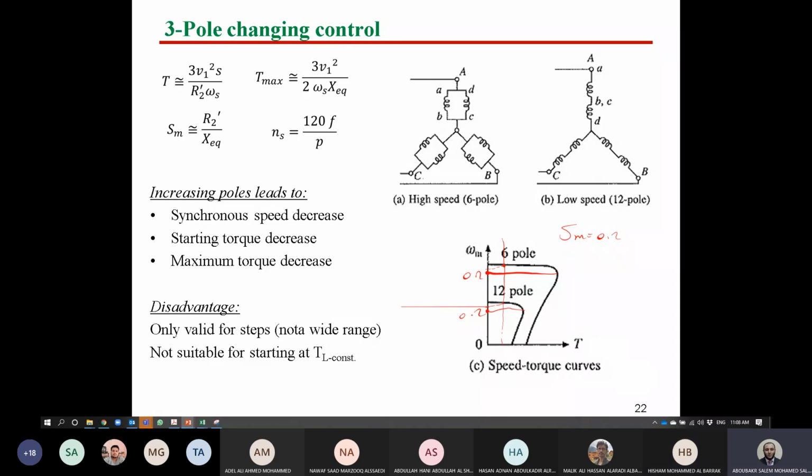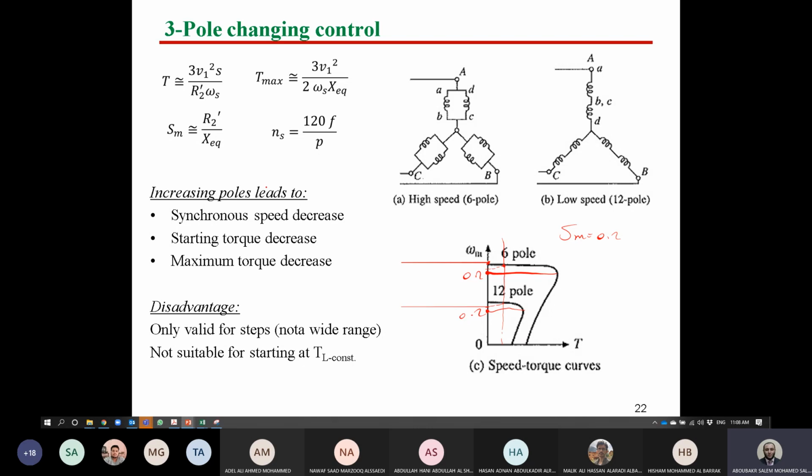Why? Because we said before S maximum or S in general is considered as a per unit value of the synchronous speed. So this point is 0.2 of the overall NS, and this is also 0.2 of the overall NS for that curve.